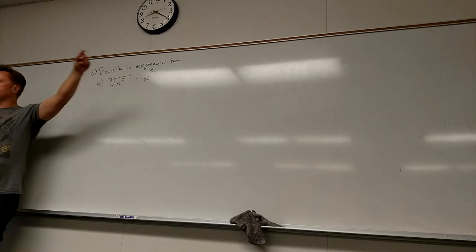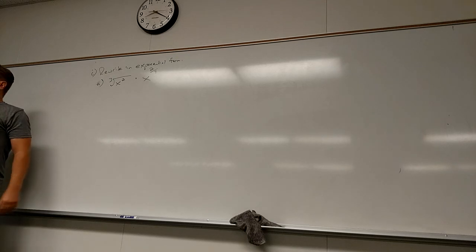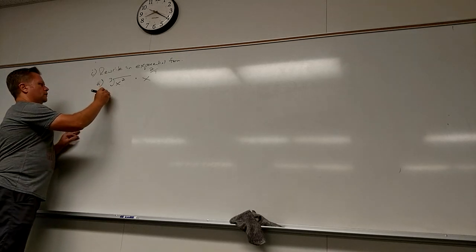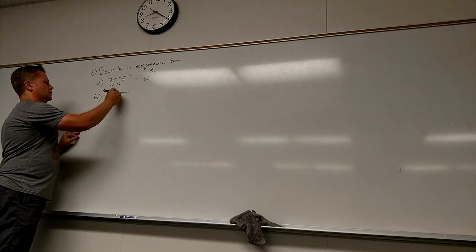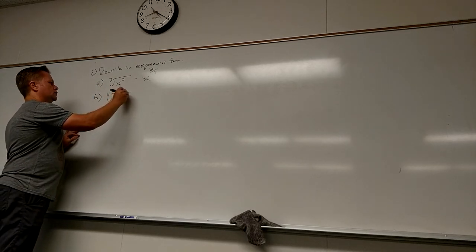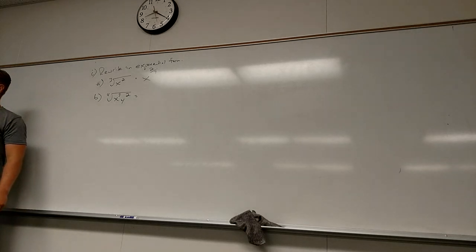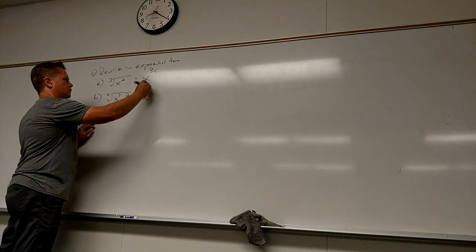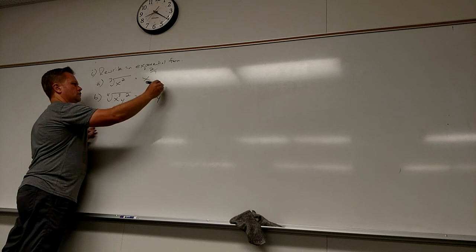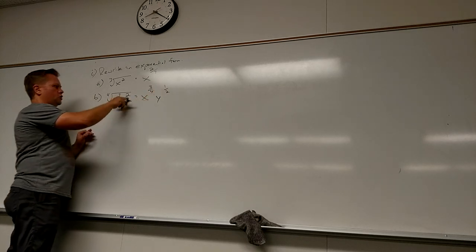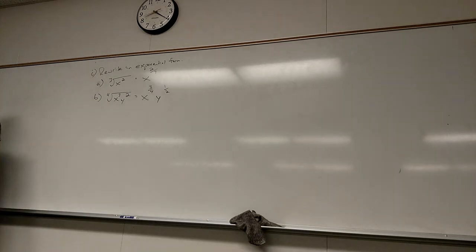Power's gotta go on the top. Okay? So what if I had the 4th root of x cubed y squared? X to the 3 over 4, y to the 2 over 4, which is 1/2. I like it. So 2 over 4 reduces to 1/2.